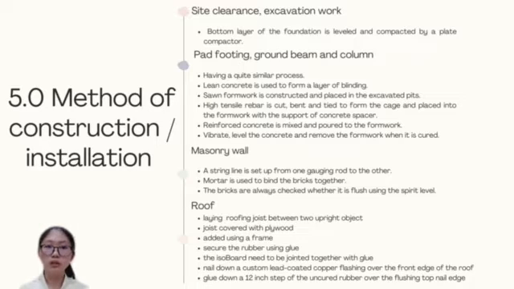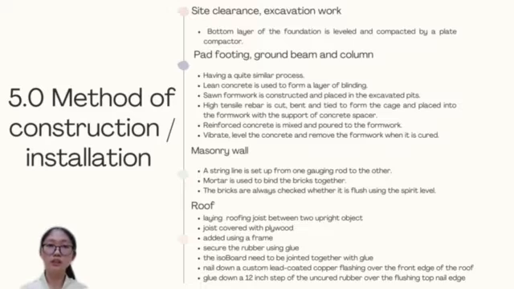Formwork is constructed and placed in the excavation pit, and after that high tensile rebar is cut, bent, and tied in order to form the cage and placed inside the formwork with the support of concrete spacers. Reinforced concrete is mixed and poured into the formwork, then the concrete is broken and leveled, and after that the formwork is removed when it is cured.